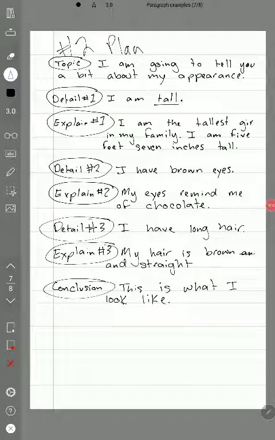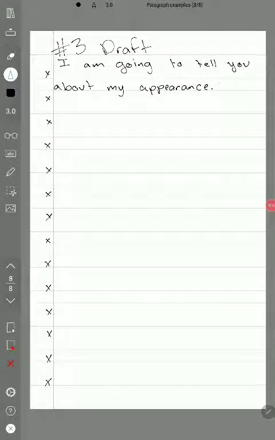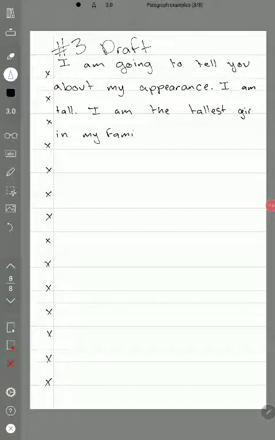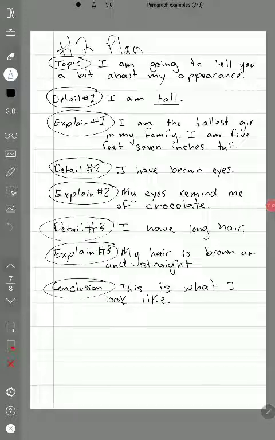Go back and look at my details, make sure I'm remembering I'm tall, tallest person in my family. Remember, don't be afraid to go back and look at your plan to make sure you include all the parts that you said you were going to.